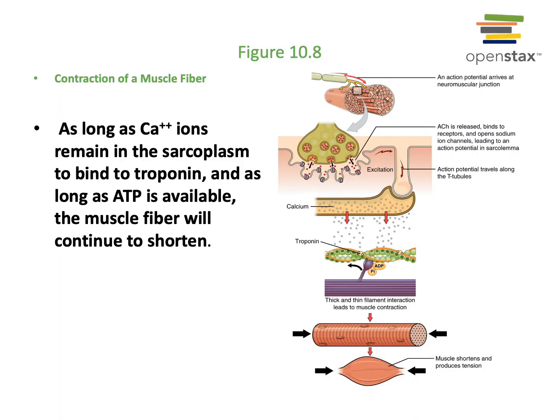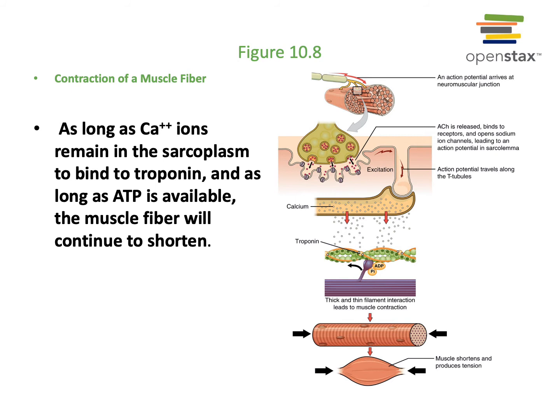But as long as there's calcium ions floating around in that sarcoplasm, then that myosin is going to keep grabbing, keep pulling, keep grabbing, keep pulling. You get the idea. So let's say that the action potential has stopped. You don't need to contract it, so your brain says, okay, that's enough contracting.